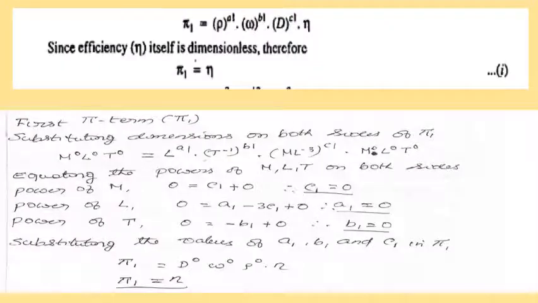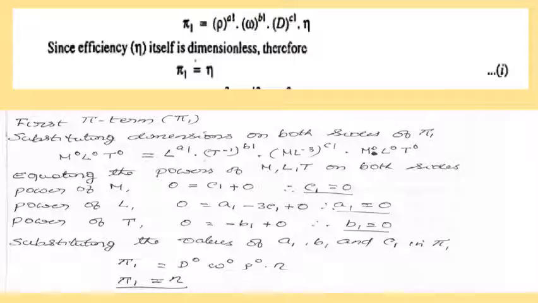First, the terms are considered. Pi 1 is equal to rho. The repeating variables are rho, omega and D, and we denote their powers as a1, b1 and c1. There is no power for efficiency here, because the pi 1 terms depend on these variables.